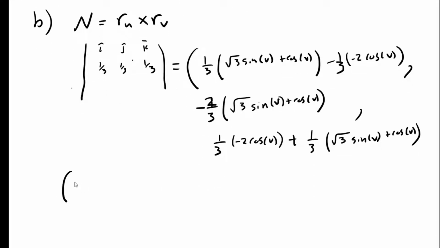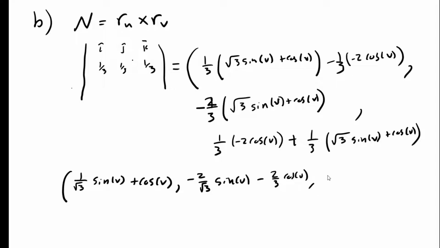So let's go ahead and simplify this a little bit. I have 1 over root 3 sine v, and here I have 1/3 plus 2/3 cosine, so that's plus cosine. Here I have minus 2 over root 3 sine v minus 2/3 cosine v.